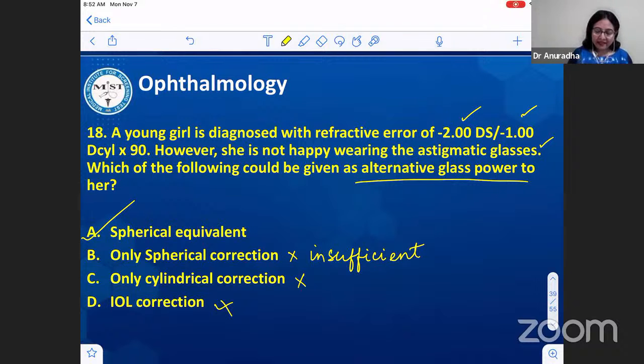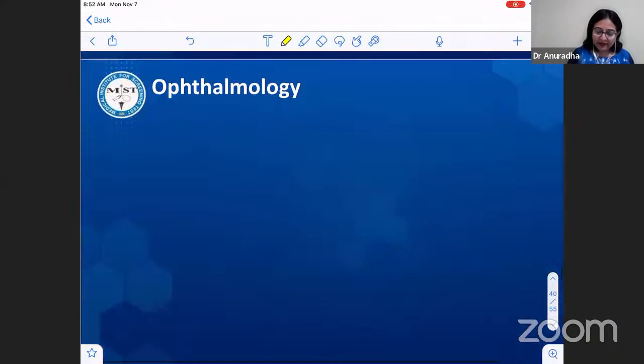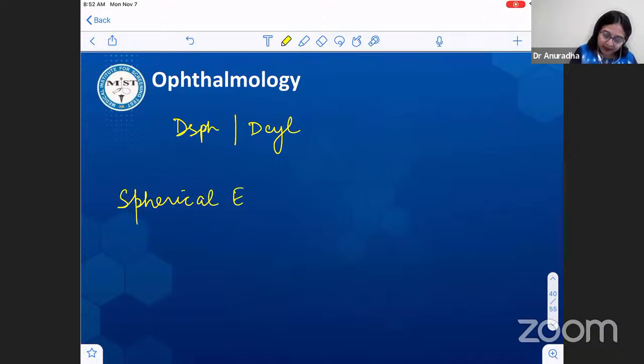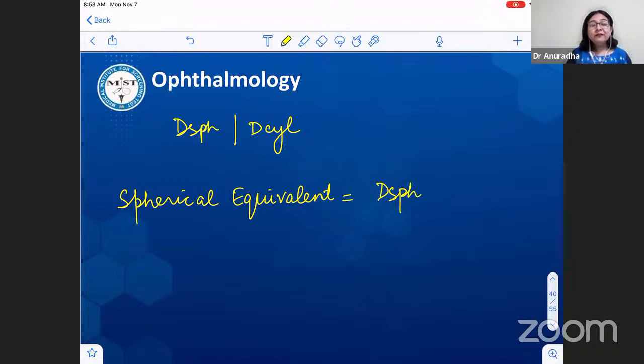So what is spherical equivalent? See, supposedly this is the spherical power and this is the cylindrical power. Spherical equivalent means that I am going to give only sphere, but how will I calculate this sphere? I will give the sphere plus half of the cylindrical power.